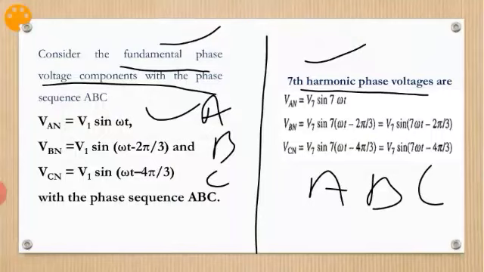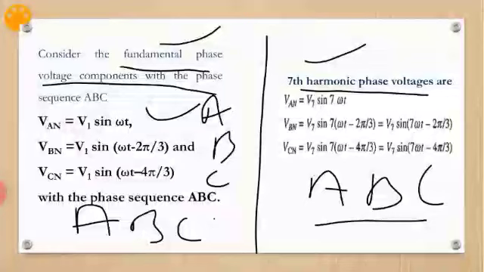I conclude that the seventh harmonic phase voltages have phase sequence ABC, and the fundamental also ABC, hence it is a positive sequence harmonic.